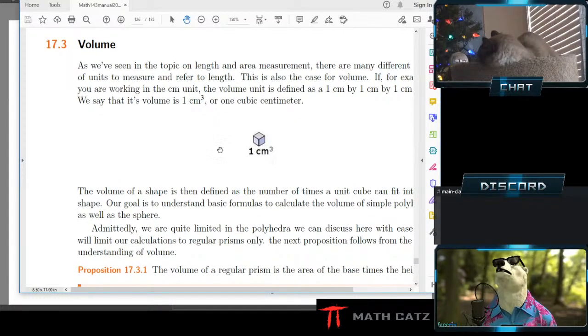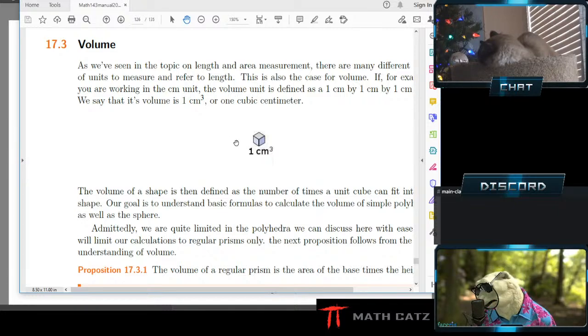Volume. Now the concept of volume is the same as the concept of a length measurement where you have a unit and you're trying to see how many of that standard unit length can fit into your length that you're measuring. Concept of area, you have a little standard unit square, you're filling the shape with that, and that's the area.